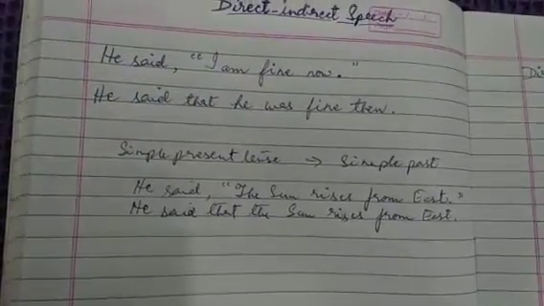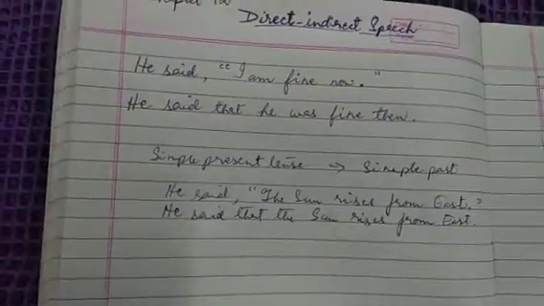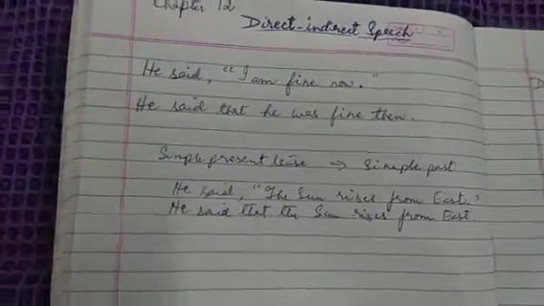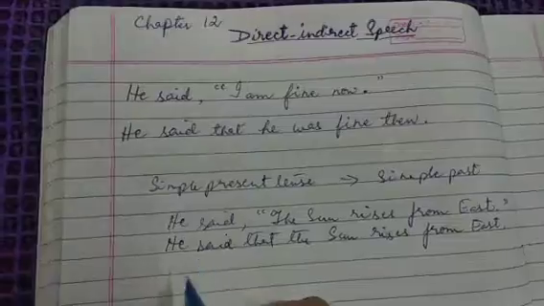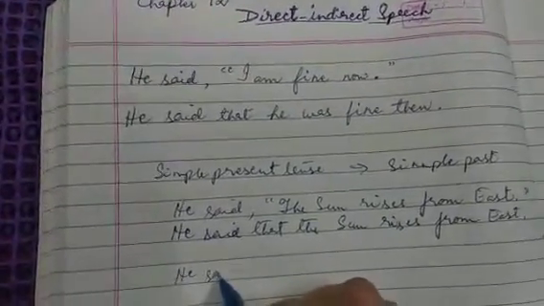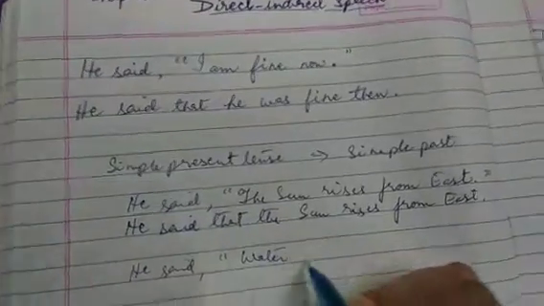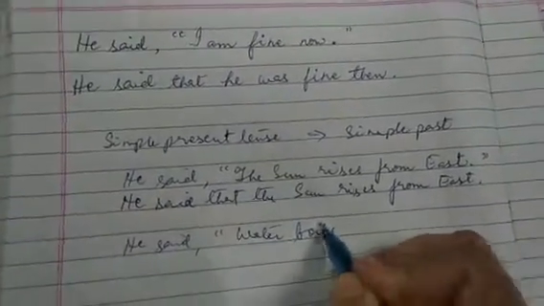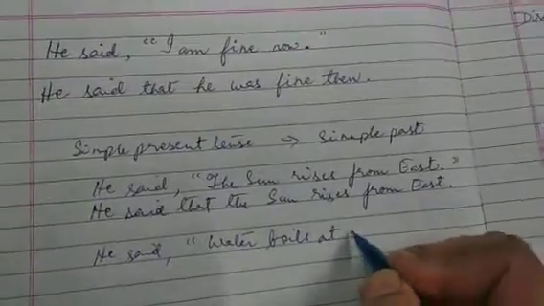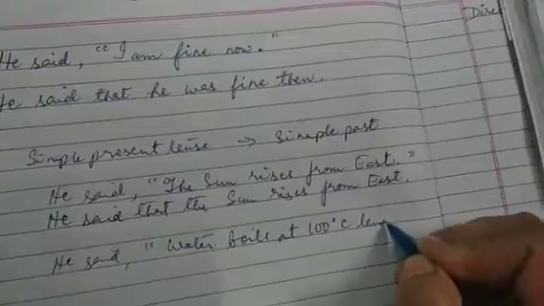In such sentences where it is talking about any universal fact or any natural phenomena that happens, I'll give you some other example. See here, he said, "Water boils at 100 °C temperature."